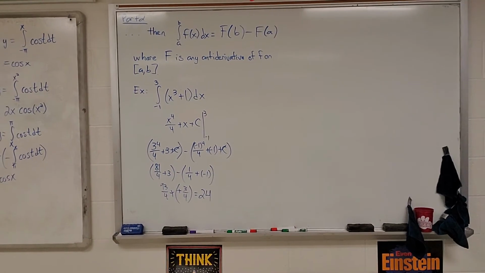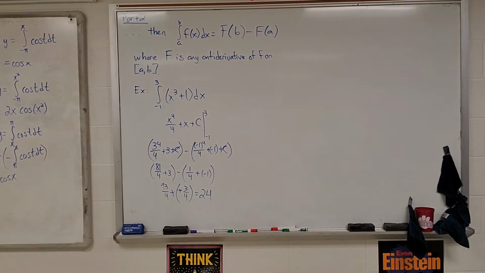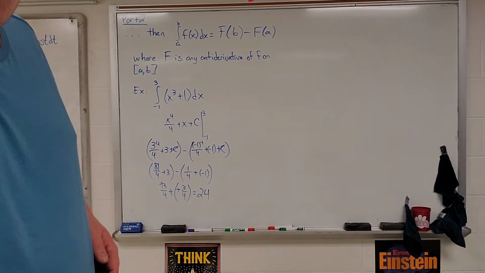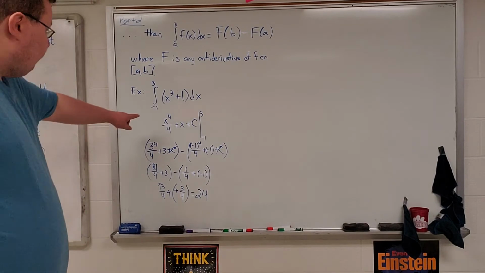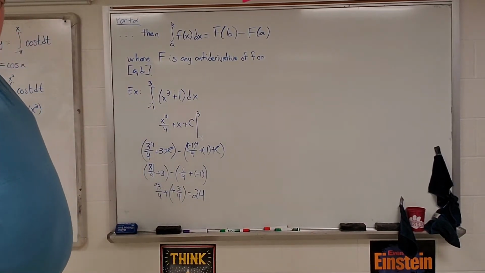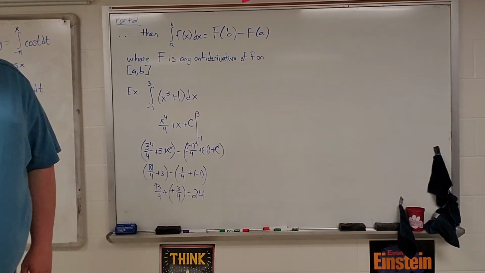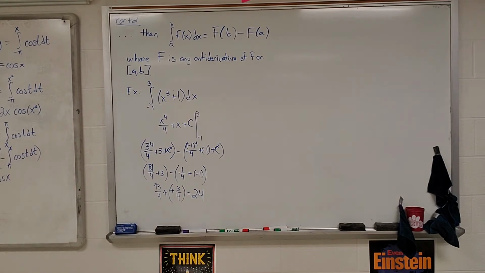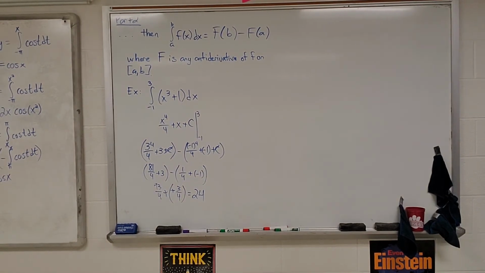So the exact area under the curve x cubed plus 1, from -1 to 3 is 24. You could confirm that with the numerical integral and see that it works out like that.